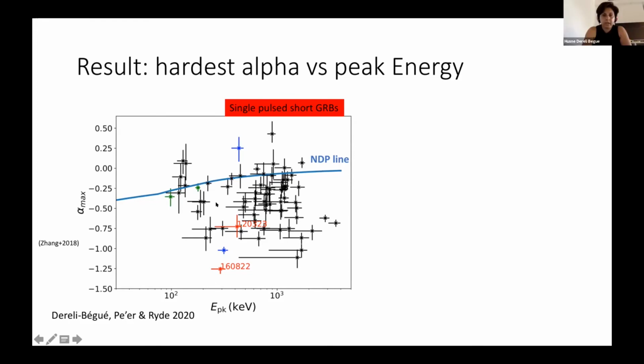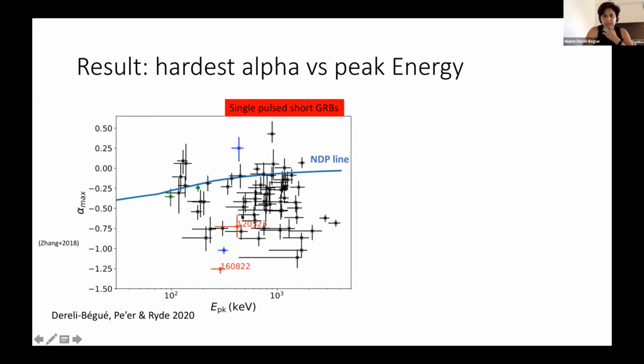And I also want to outline here that the softest value that you can get from a single pulse with the bin is around minus 1.25.